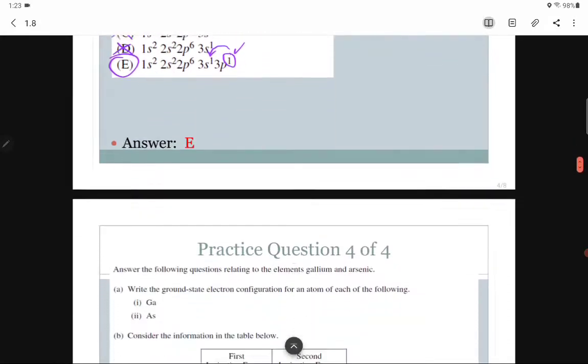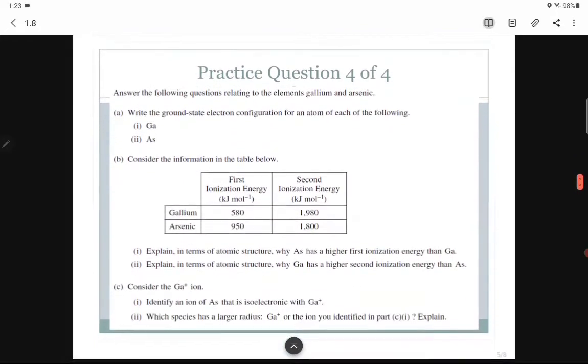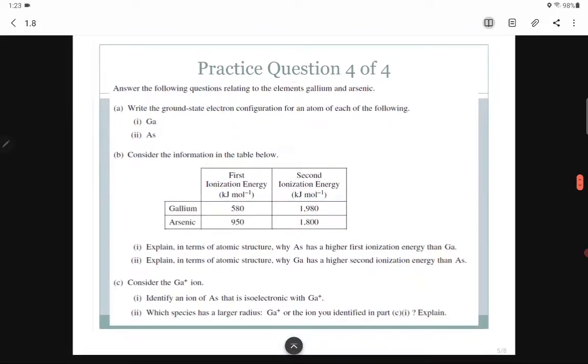Okay, and our last question, free response. So I would think this would be a typical kind of question that you could get on the test. For free response, this was from a previous AP test one year. Write the ground state electron configurations for the atom of the following.